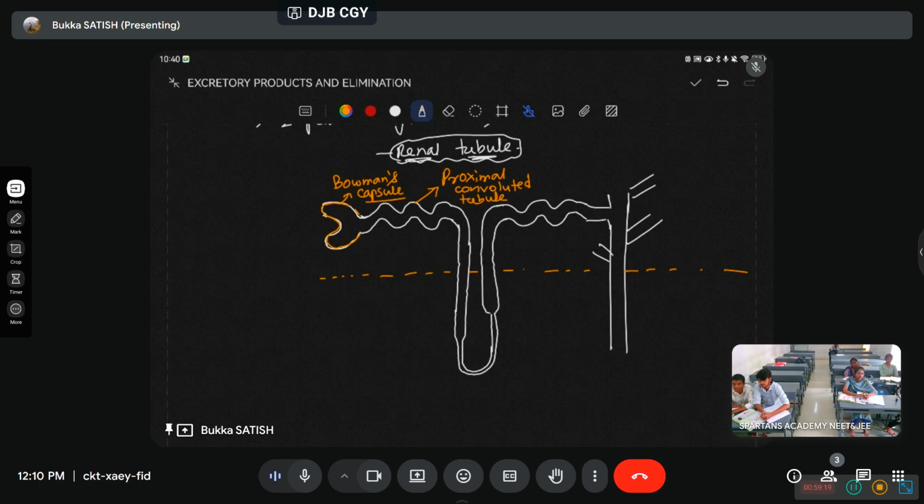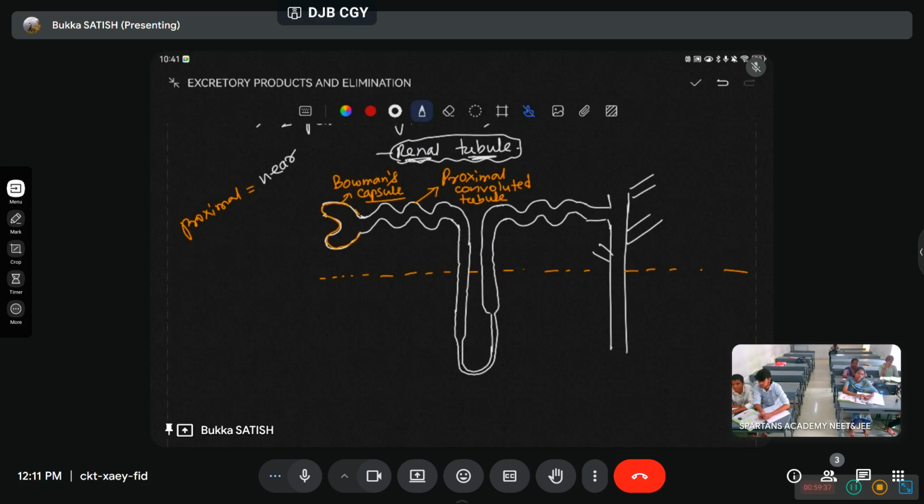Now, let us try to understand the term first. When we say proximal, what is meant by proximal? Near, right? Near or close to.